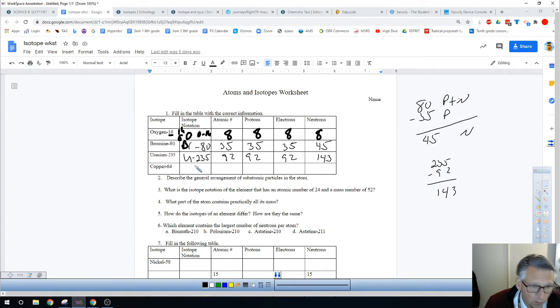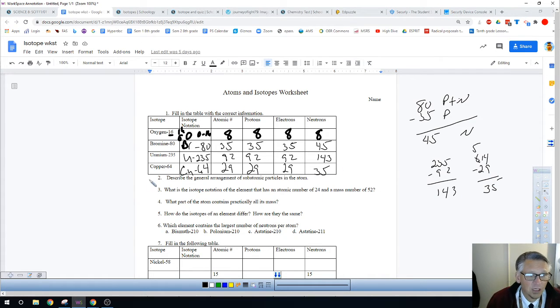Copper 64, so that would be Cu64. Copper's atomic number is 29, so that means it's going to have 29 protons and 29 electrons. And 64 minus 29 gives us 35 neutrons.